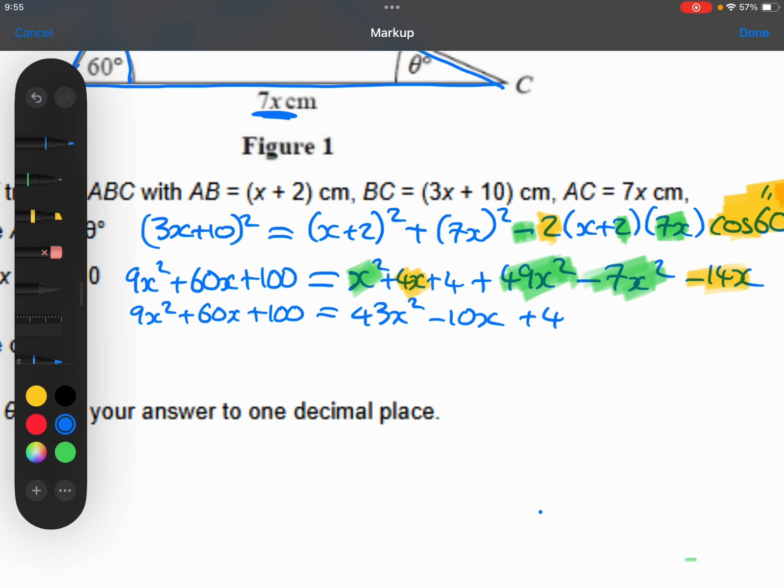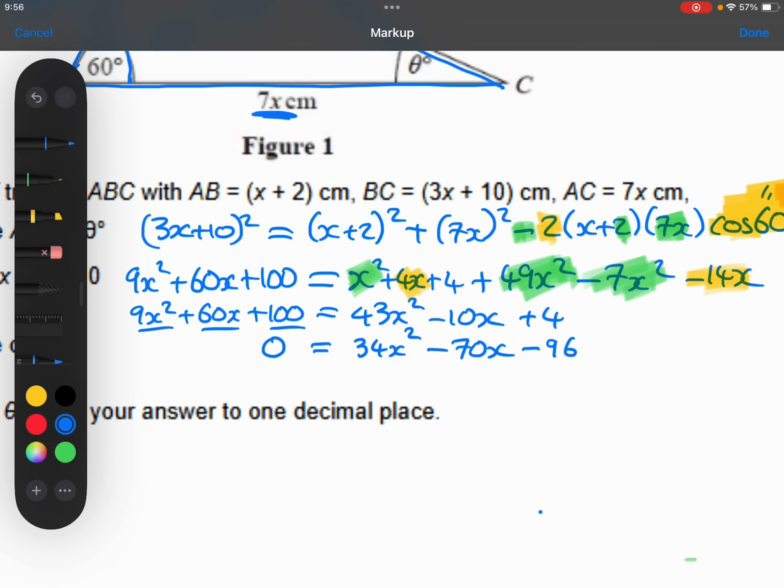Right, I'm now going to make this equal to 0 by subtracting 9x squared from both sides. So that 43x squared becomes 34. I'm going to subtract 60 from both sides, so that minus 10 becomes minus 70. And I'm going to subtract 100 from both sides, so that plus 4 becomes a minus 96.